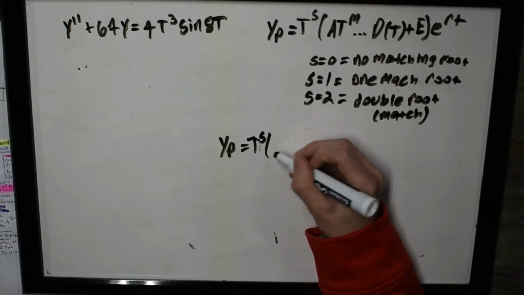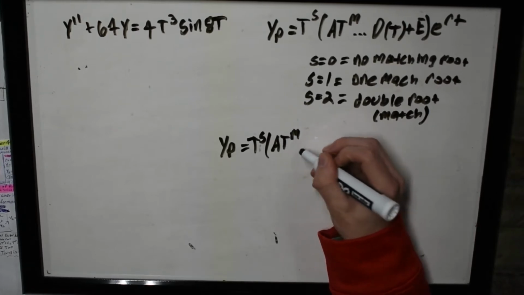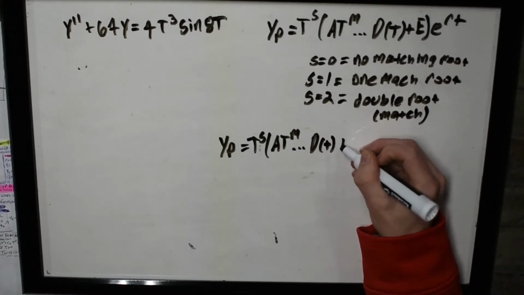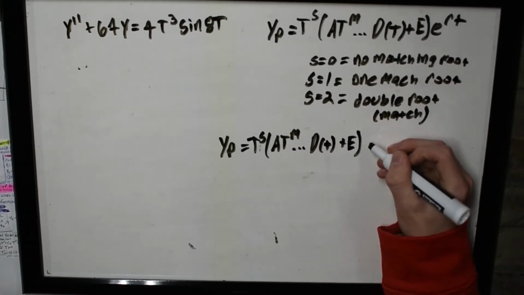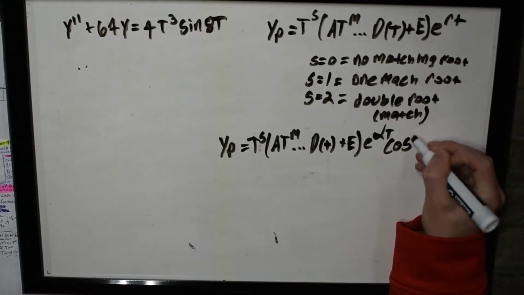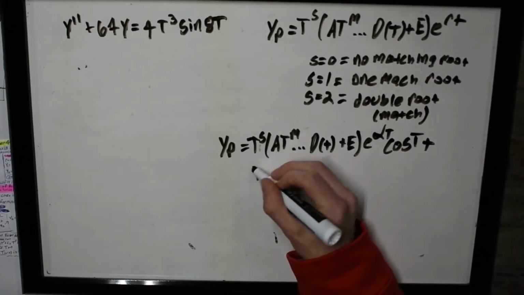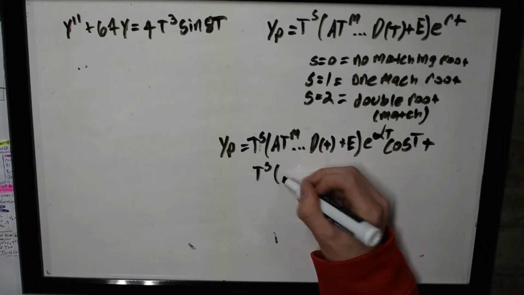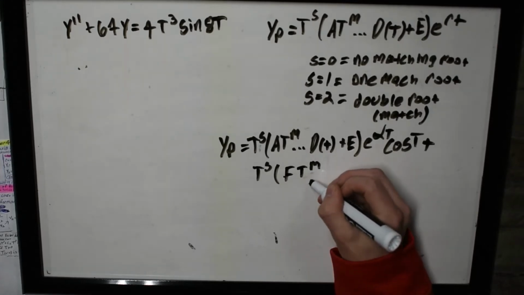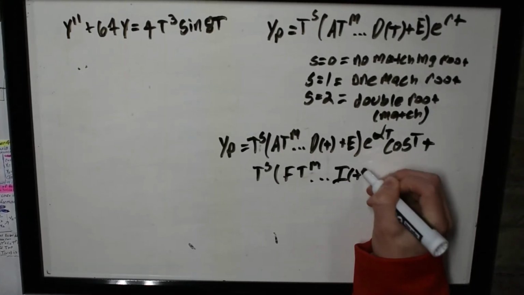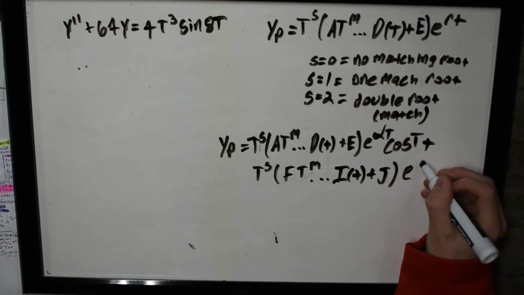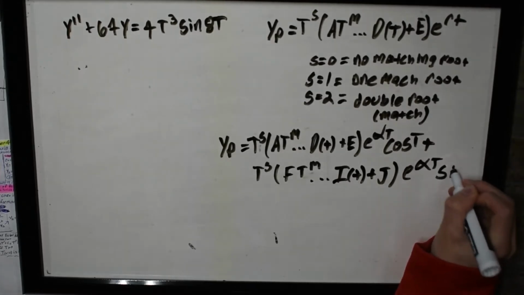You have t to the s, (a t to the m, dot dot dot, d) e to the alpha t cosine beta t, plus t to the s, (f t to the m, dot dot dot, j) times e to the alpha t sine beta t.